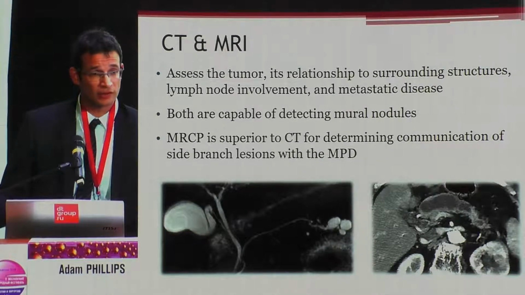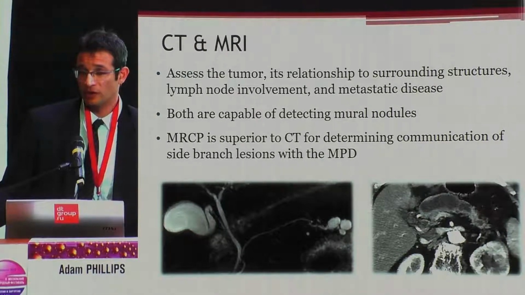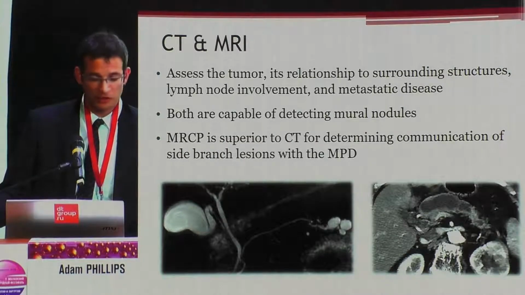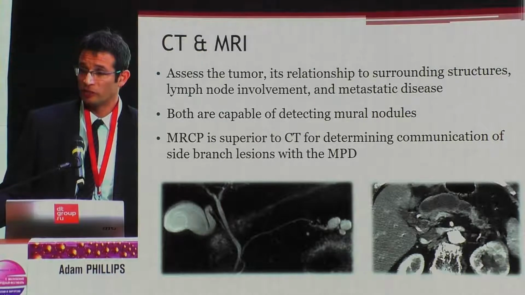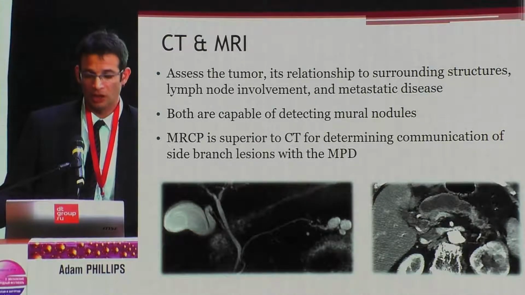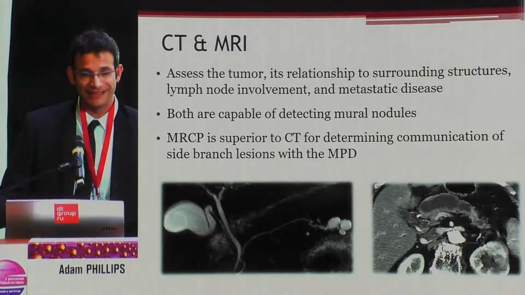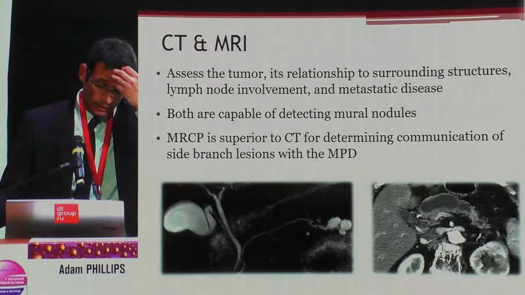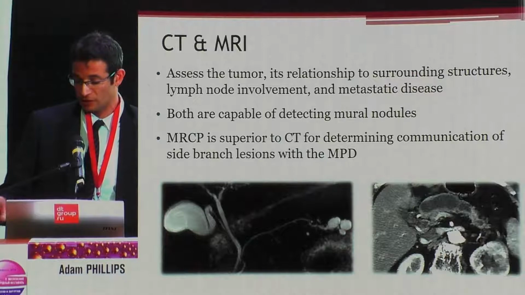We can inject contrast and see if there is an enhancement in the nodules. And MRCP is very good at determining if there is a communication between the side branch and the MPD, and to distinguish between branch duct IPMN and mucinous cystadenoma.